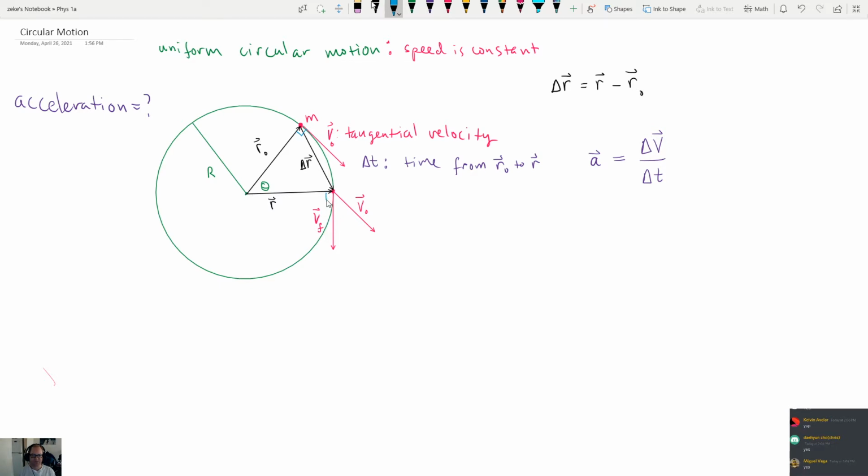Same thing down here. So if you think about it, when this radius vector turns in this direction down to r, that velocity vector is going to tilt through the exact same angle. So let's say that this angle right here is also going to be theta.